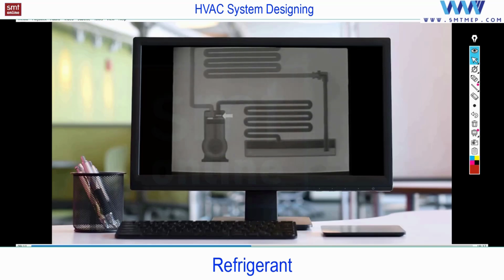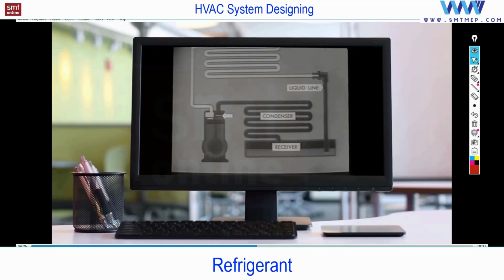This side starts at the discharge valve of the compressor and includes the condenser, the receiver or storage tank, and the liquid line. The low pressure side is that part of the system through which the refrigerant moves under low pressure.